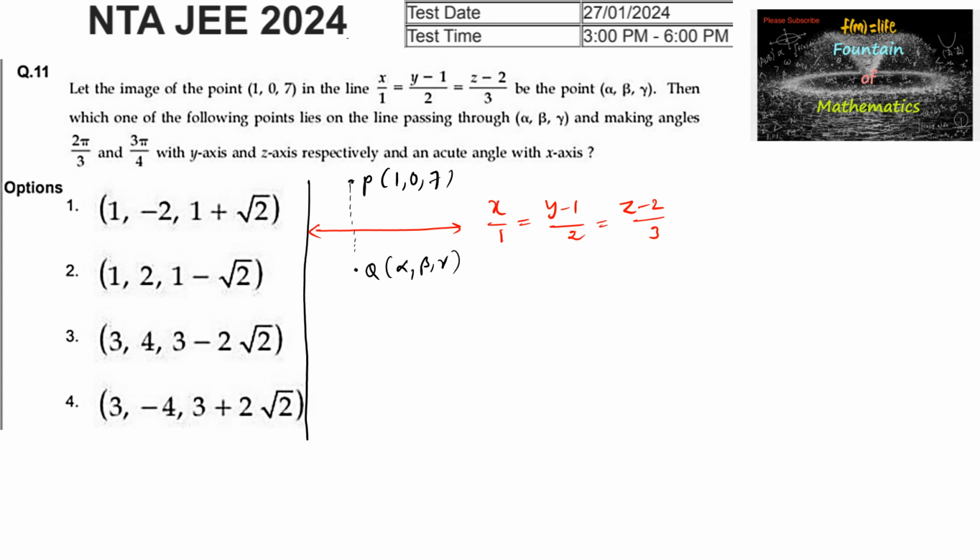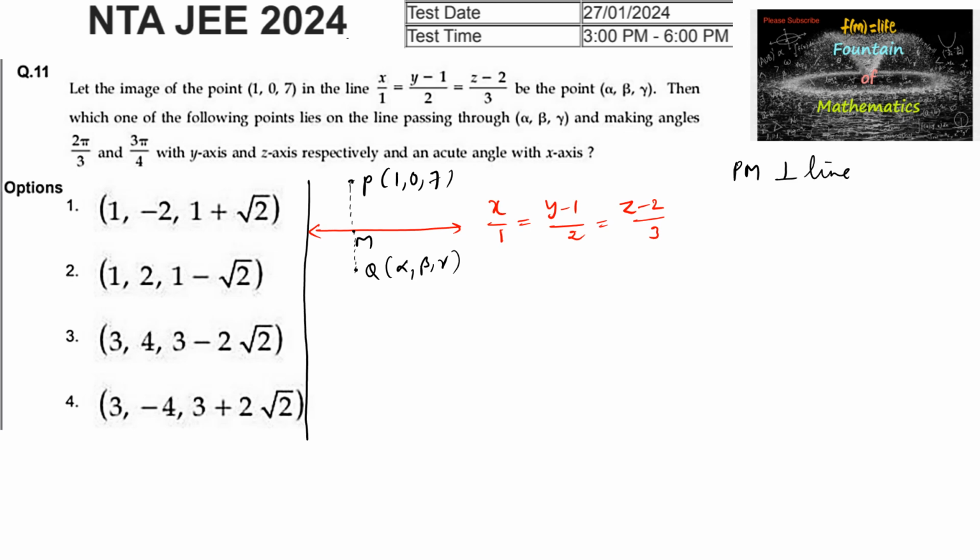Let us draw the line which is perpendicular to the line. Let M be the foot of the perpendicular upon the line.